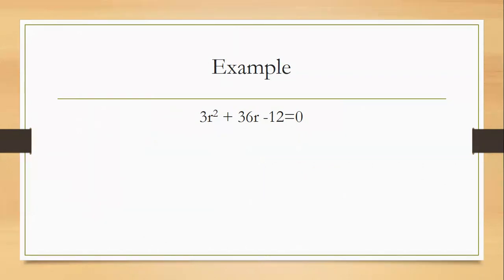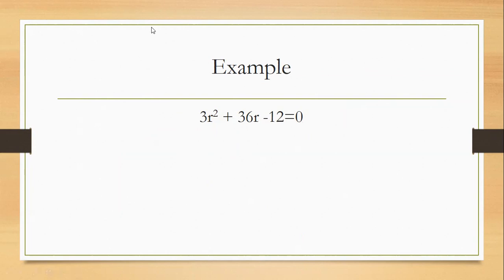The first step is to make sure that you can simplify. So divide the entire problem by a common factor. Who can tell me what that common factor is between all the terms? Nathan, you're correct. It is 3.